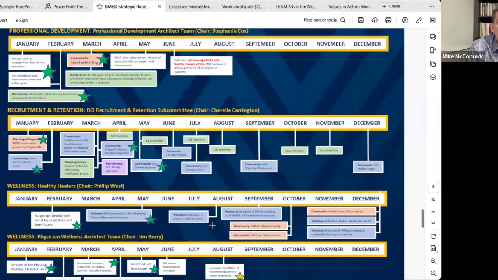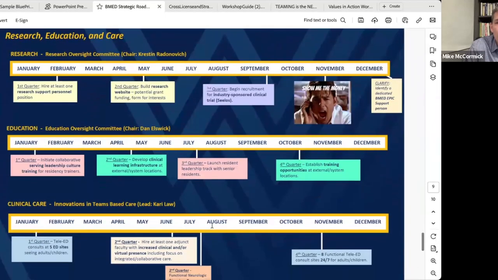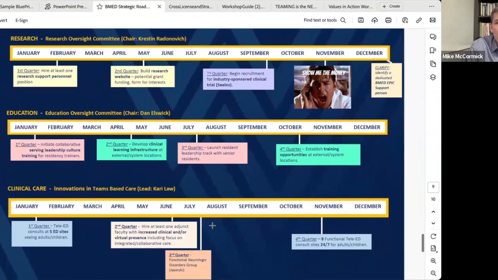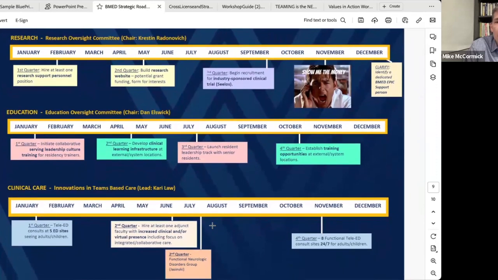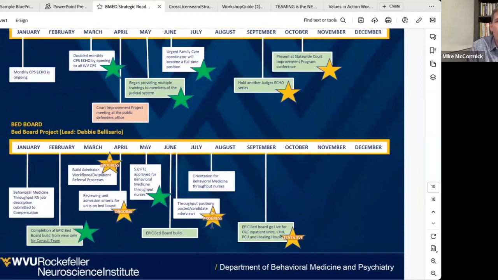So you can see that they take each of their particular key results and key projects that were in the pillars, and they put them on a timeline and have people who are responsible for those and be able to measure those. So this is a nice visual kind of dashboard of all of those strategic plan options.